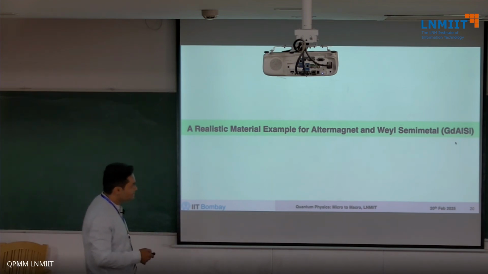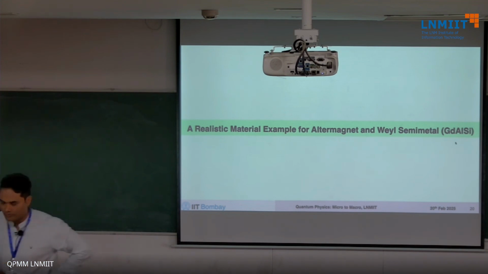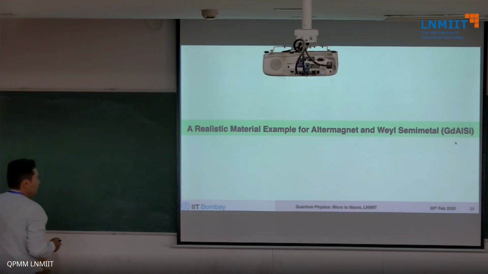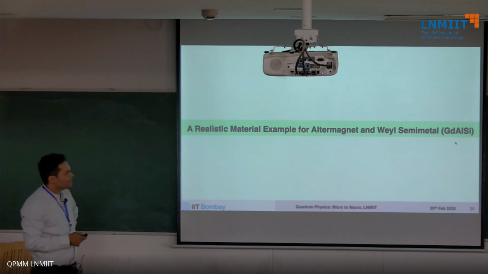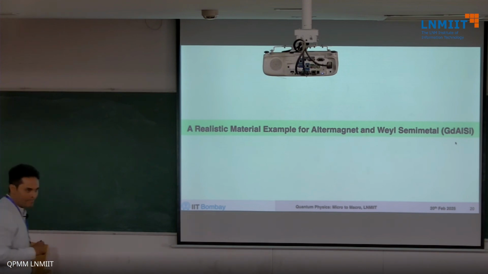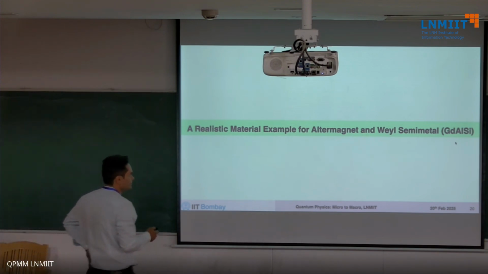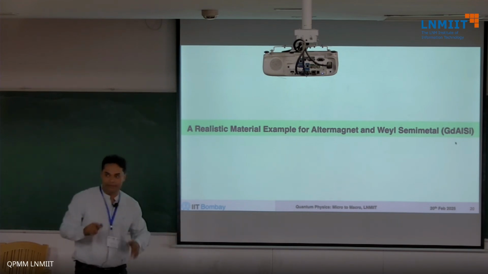You can imagine this square as, say, aluminum, circle as silicon, and gadolinium has its moment, which are arranged antiferromagnetically. And he simulated this, and initially we were quite puzzled because your band structure shows a spin splitting. And we were not so well versed at that time that this kind of physics can give you a spin splitting.